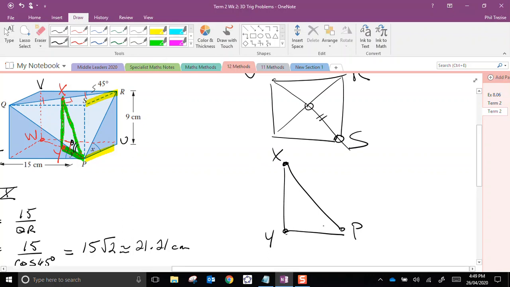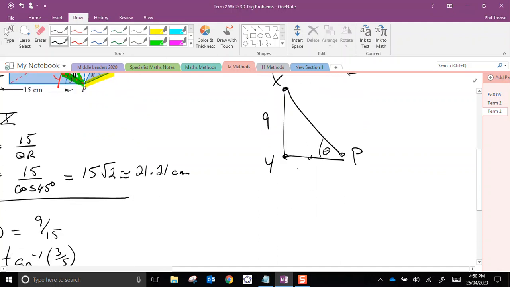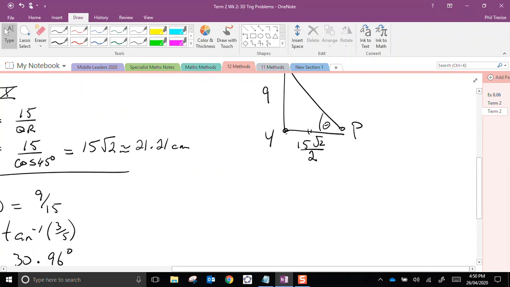My angle that I'm interested in finding, theta, is this angle here. I know the height of this thing would be 9 because our vertical line XY would match the edge there. And as we said, this horizontal base, that's half of the diagonal. So the diagonal was 15 root 2, and half of that is 15 root 2 over 2. Now it becomes child's play to calculate theta. The tan of theta would be 9 over 15 root 2 over 2.